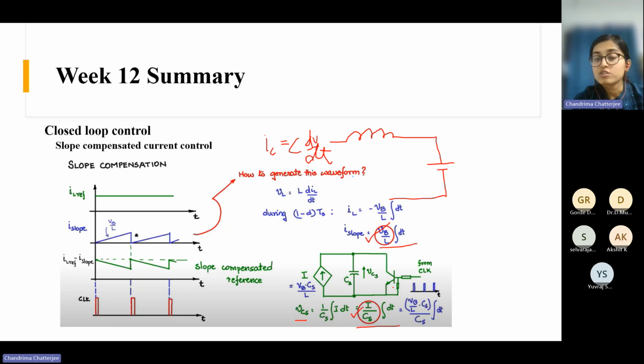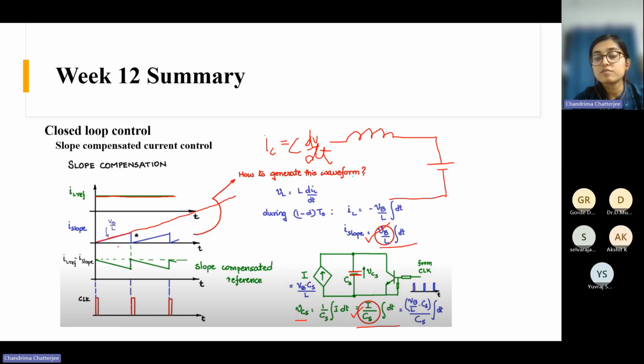So from the voltage across this capacitor, you will get an idea of what your current is. The capacitor voltage is measurable, so from it you can fix the value of your IL reference. But you will have to reset it, otherwise it will keep on increasing like this.